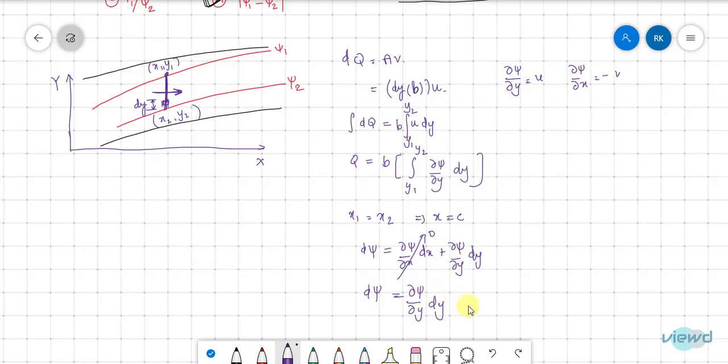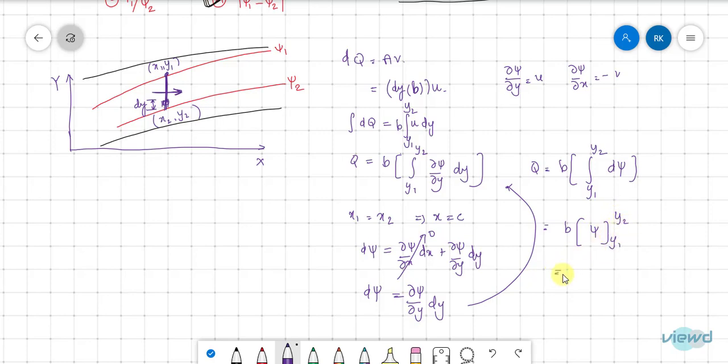So substituting this in this equation, we will be getting q is equal to b into integral of y1 to y2 d psi. So b into psi from y1 to y2.